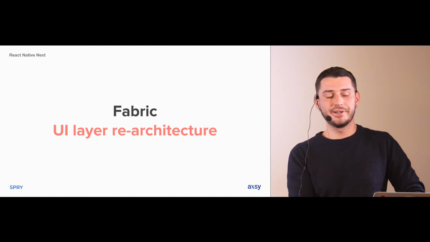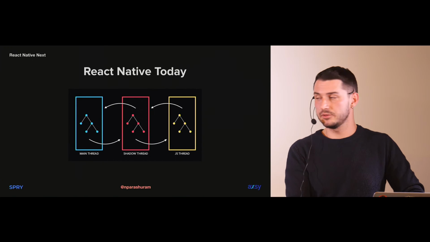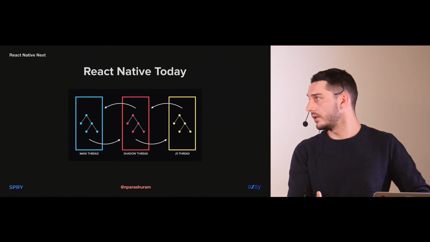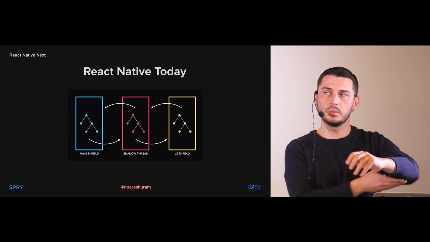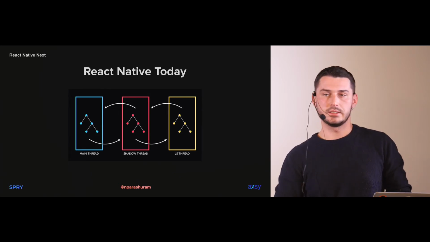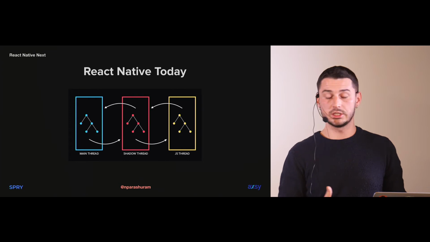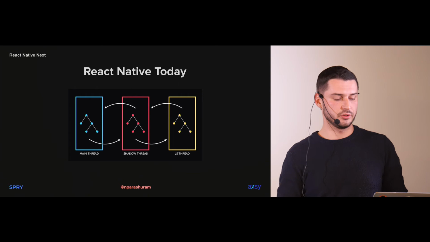Fabric is a UI layer re-architecture. As of today, every change on every one of the threads will be passed backwards. The problem with the current implementation of the bridge is that, first of all, you can't block JavaScript on the main thread. That creates some problems for the gesture responder system.